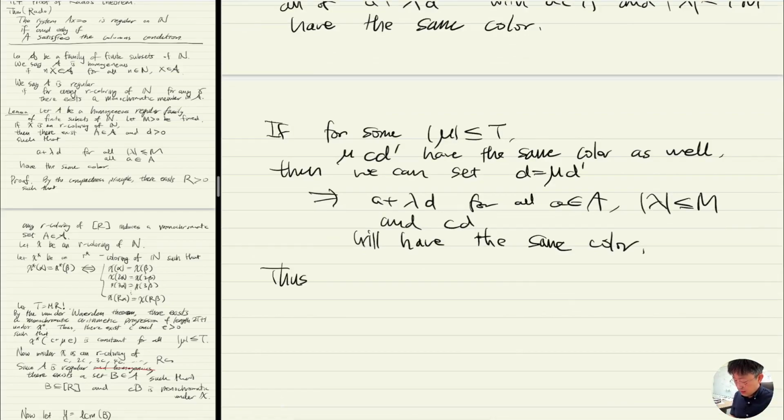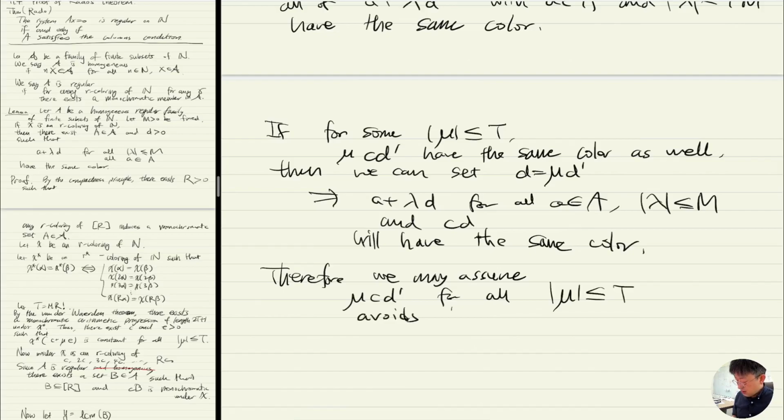Therefore, we may assume mu times c times D prime for all mu at most T avoids this particular color. So then the number of colors used by those numbers is r minus 1.